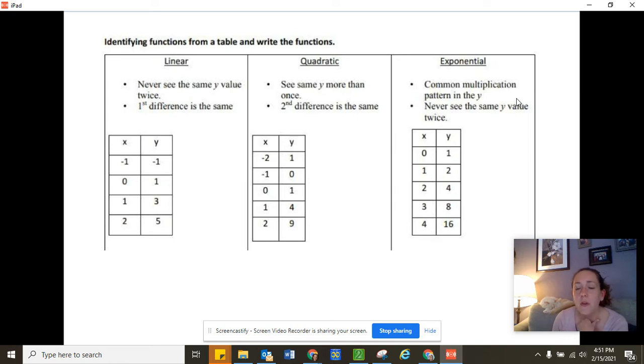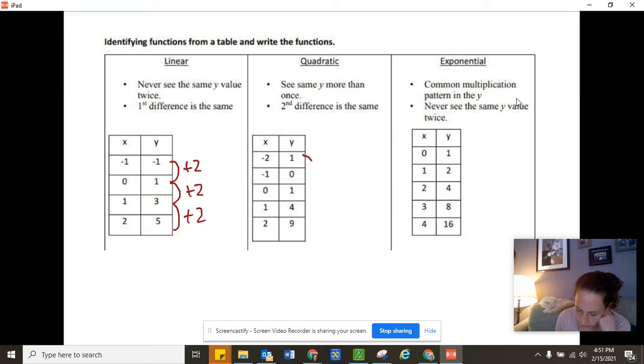So if you're going from a table, for linear, you'll never see the same y value twice. So the y's aren't ever going to repeat. And as you go up, it's going to be increasing by the same thing every time. In this case, it's like adding 2. So nothing changes. With quadratic, because it's that U, there's some symmetry.